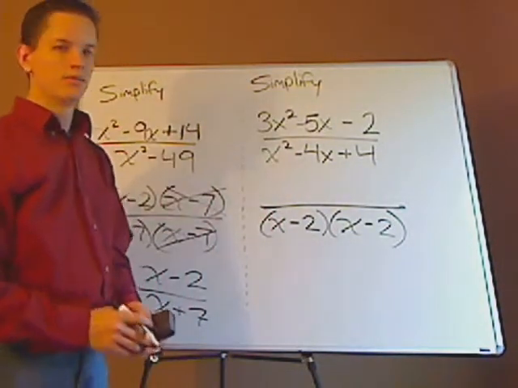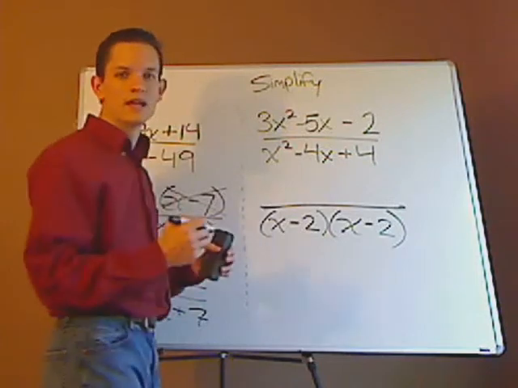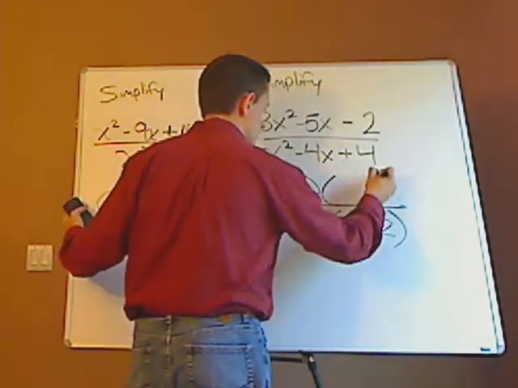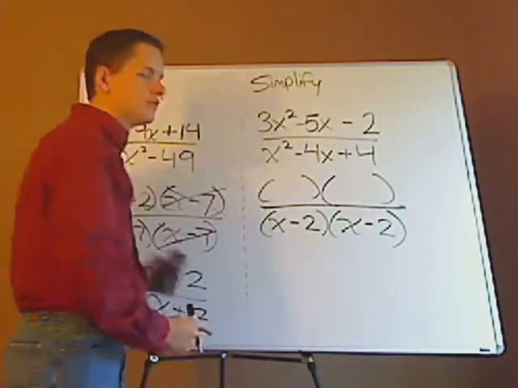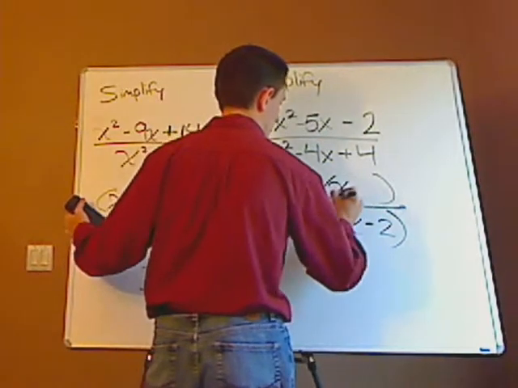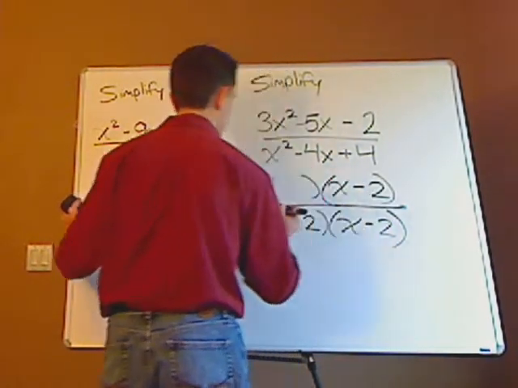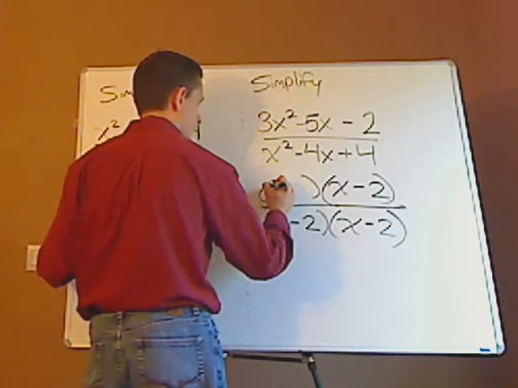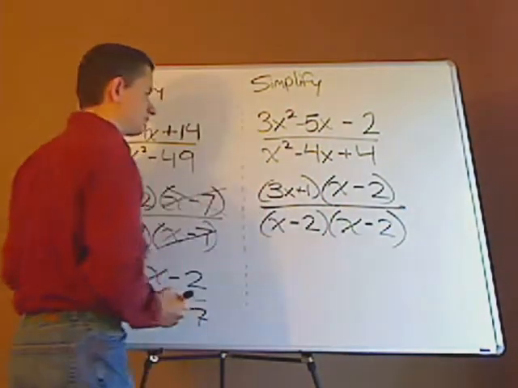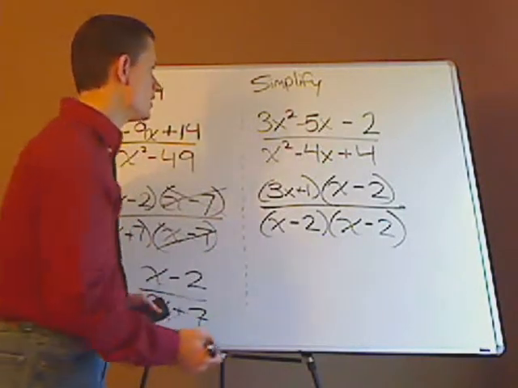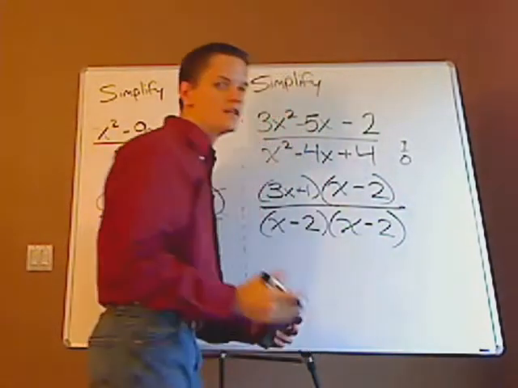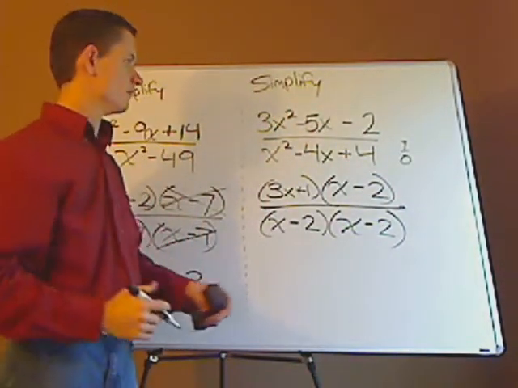Now with the top, that gave me a little hint on what's going on. Probably one of the parentheses is going to be x minus 2. And then the other set of parentheses, it has to be 3x plus 1. Let's see that's true by calculating the inner and the outer, because the inner and the outer gives you my middle term.